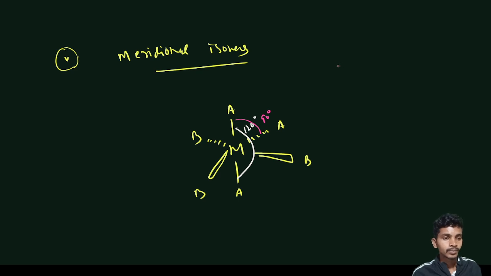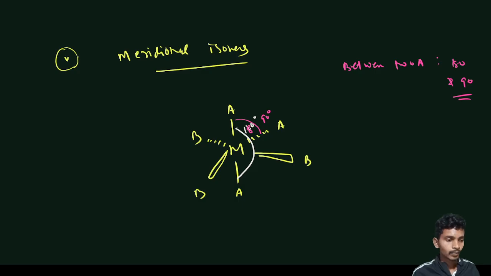So two angles between 2A, one is 180 degree, and 90 degree. So this type is there, then meridional.